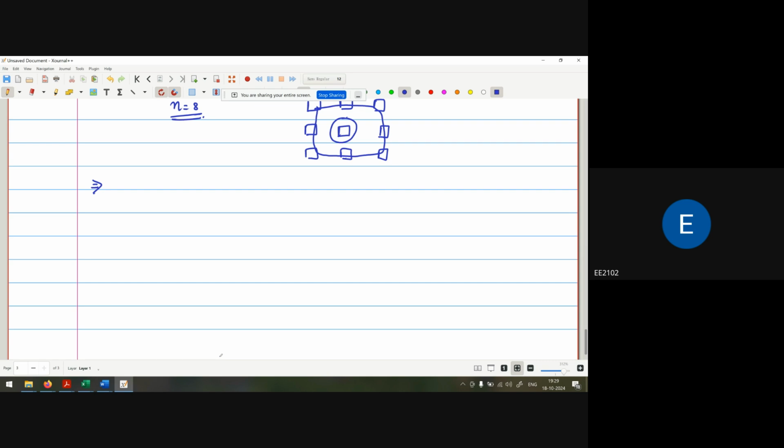Basically, in negative feedback, what do we do? The first condition is that we take V positive equal to V negative, for the virtual ground.